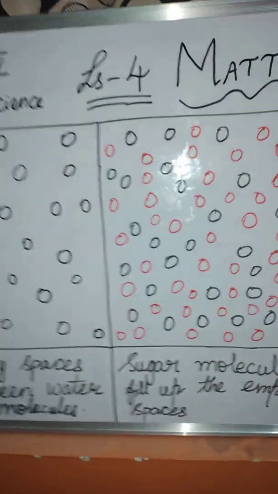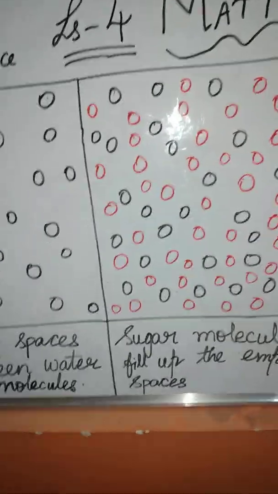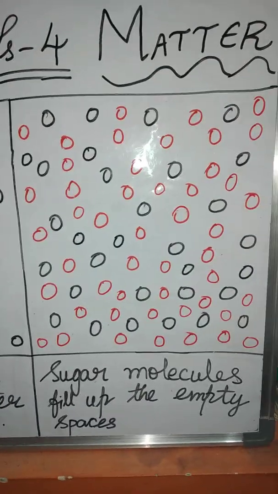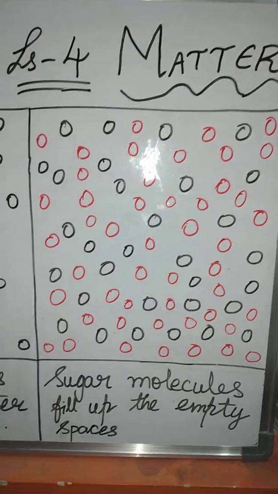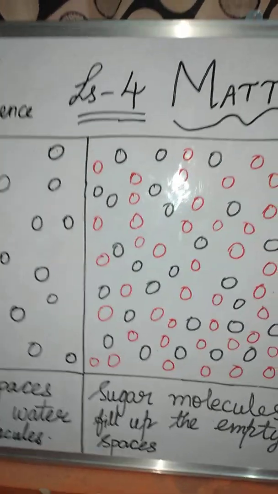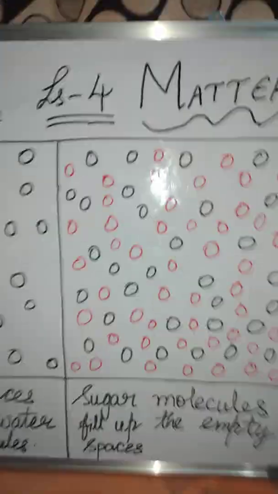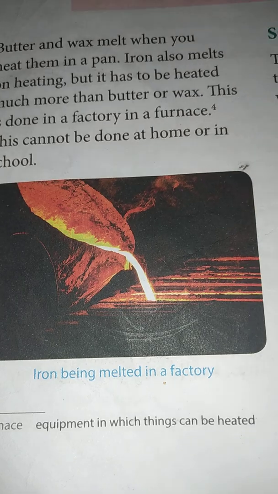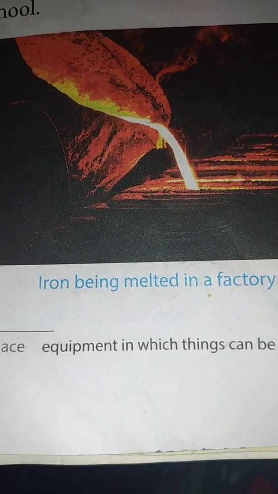Okay, clear? Now I would like to share some information with you, children. When butter and wax are heated on a pan, they melt. Iron also melts on heating, but it has to be heated much more than butter or wax. You can see here, no? This is done in a factory, children, in a furnace.